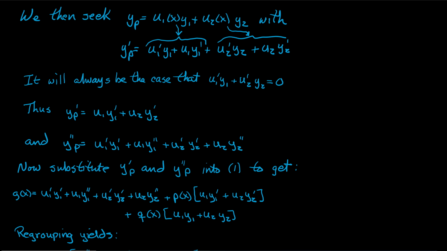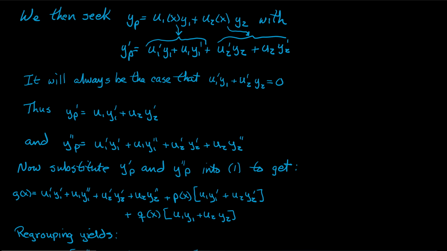Now, notice as well that this first grouping of terms is from the y double prime. If you recall back to equation 1 up at the top, we had p of x times y prime. Well, here are our y prime terms, and you have to multiply them times whatever this function is times y prime.